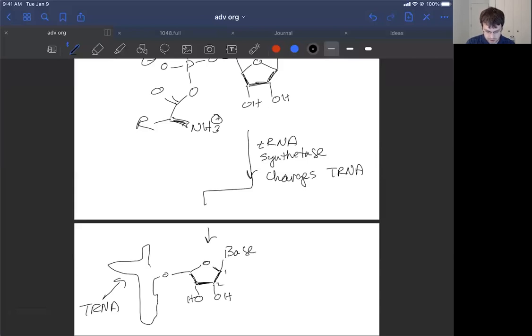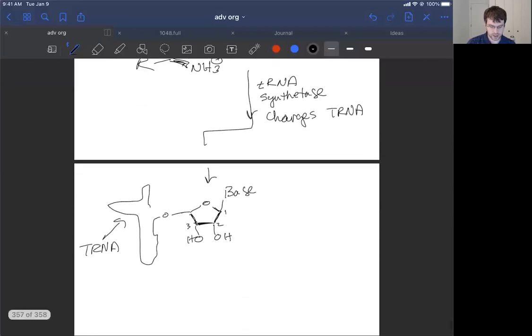So this is our 1, 2, and 3 carbon. I believe that is how the numbering would go. But whether we react at the 2 or the 3 oxygen of our ribose sugar determines the class of the tRNA synthetase that we're using. There are two classes. Class 2 actually favors reaction at the 3 OH.